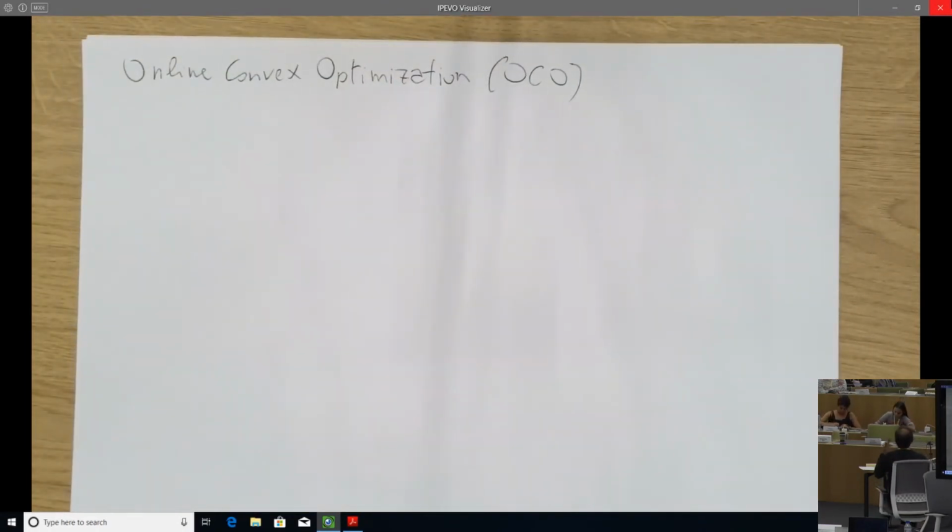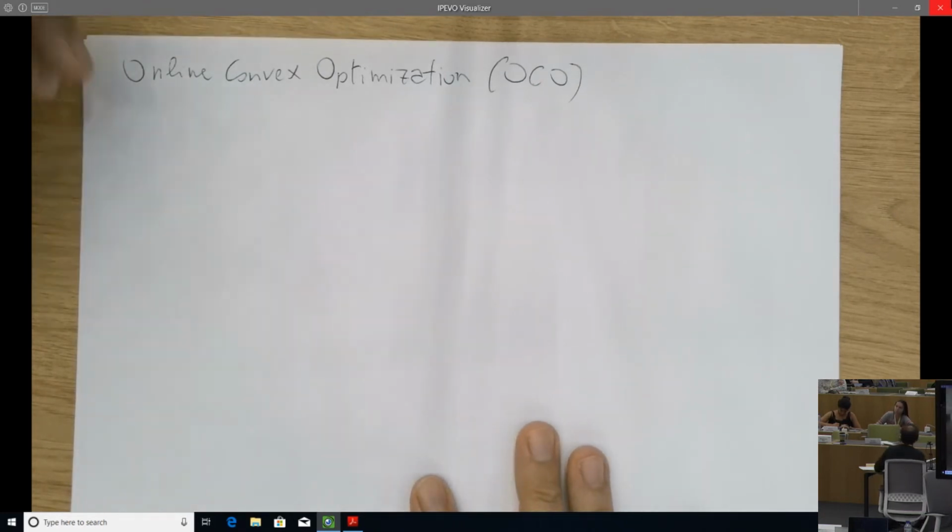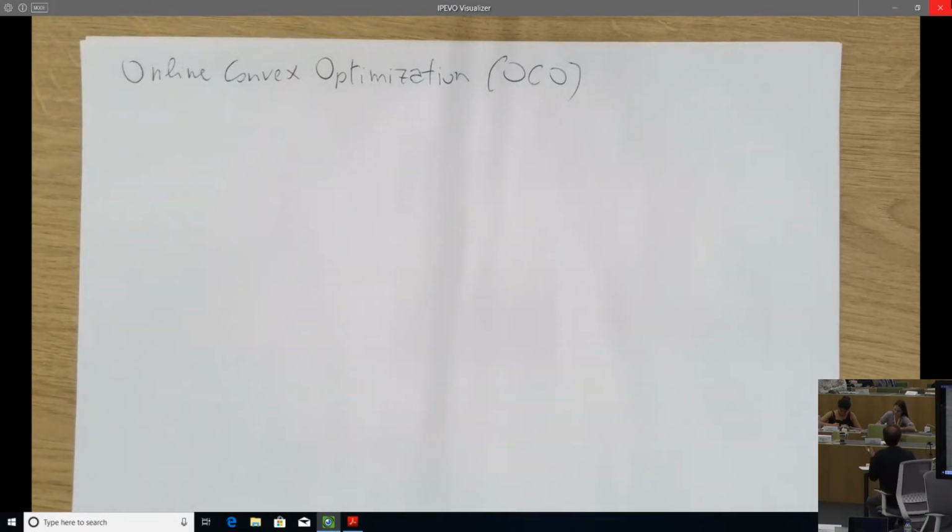Okay, so let's look at a more general problem. Let's have our decision set. What was our decision set? Morally, our decision set is a simplex here, because we choose probabilities, and then we have a random process to pick stuff from the probability. But the decision of the algorithm is learning these probabilities.